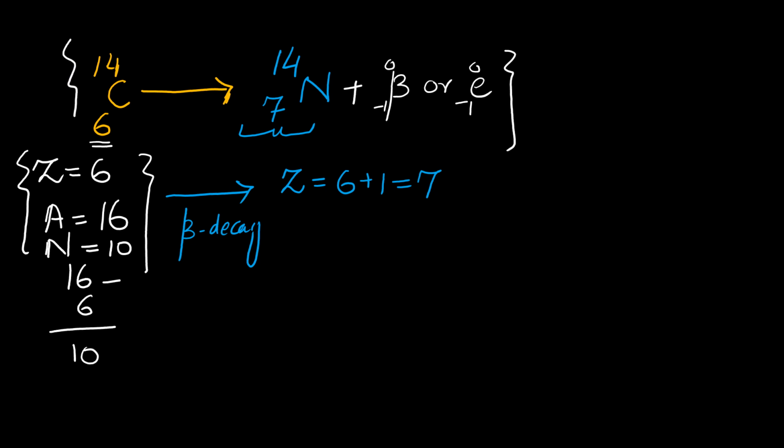So in this way, dear student, beta decay will occur in the carbon-14 isotope.